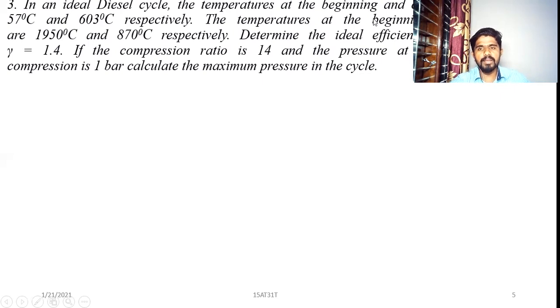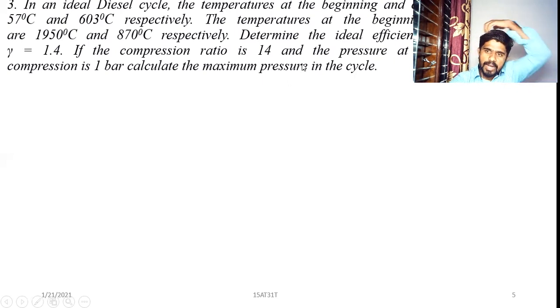Read the problem again if you didn't understand it. Determine the ideal efficiency of the cycle. What should you calculate? The ideal efficiency of the cycle. Take gamma is equal to 1.4. Compression ratio is 14, R is equal to 14.